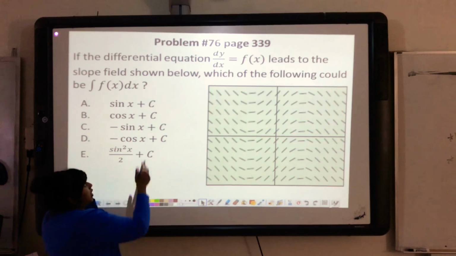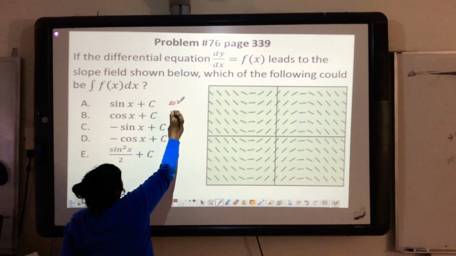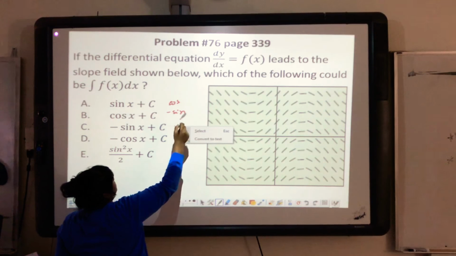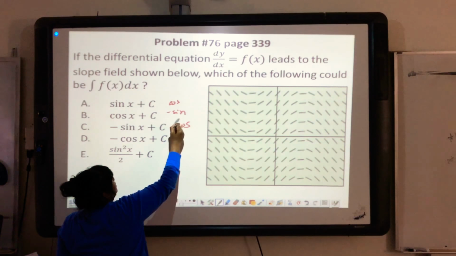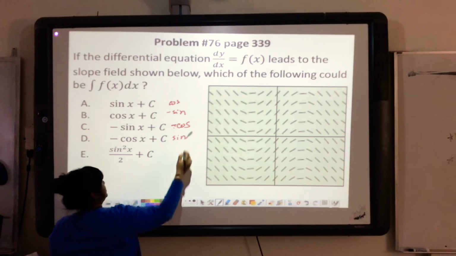Okay, so the derivative of my first value is just going to be cosine. This one's going to be negative sine. This one's going to be negative cosine. And this one's going to be positive sine.